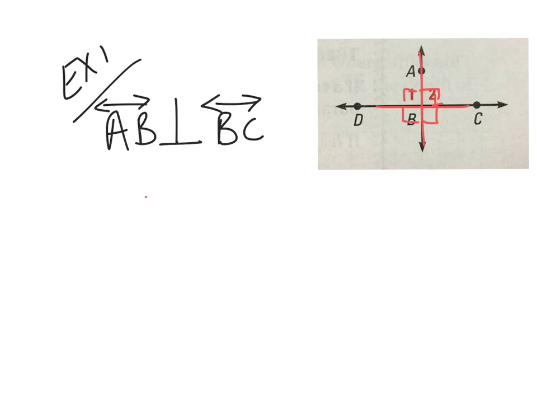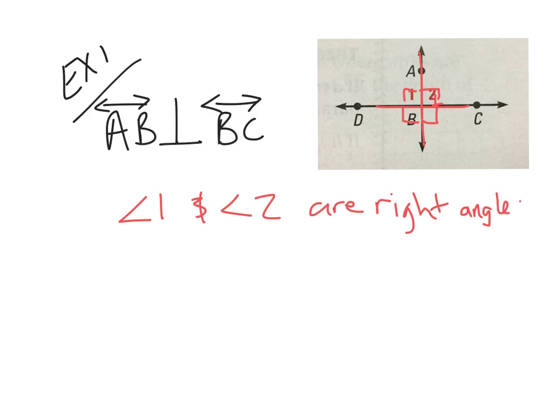So then we know that angle 1 and angle 2 are right angles, which also means that angle 1 is congruent to angle 2. And you would say because of Theorem 3.9.